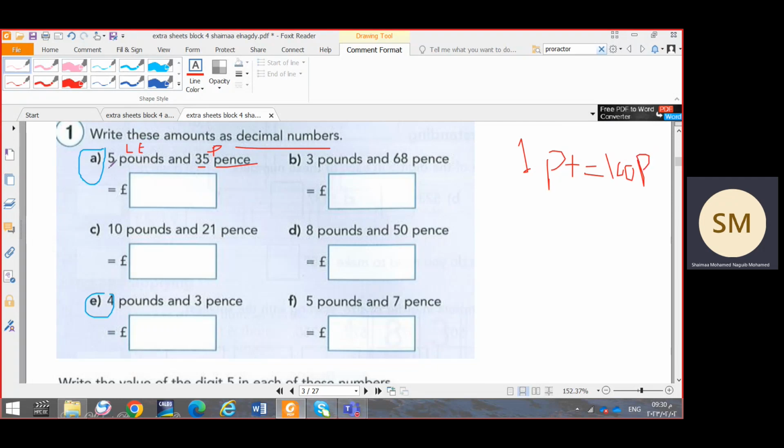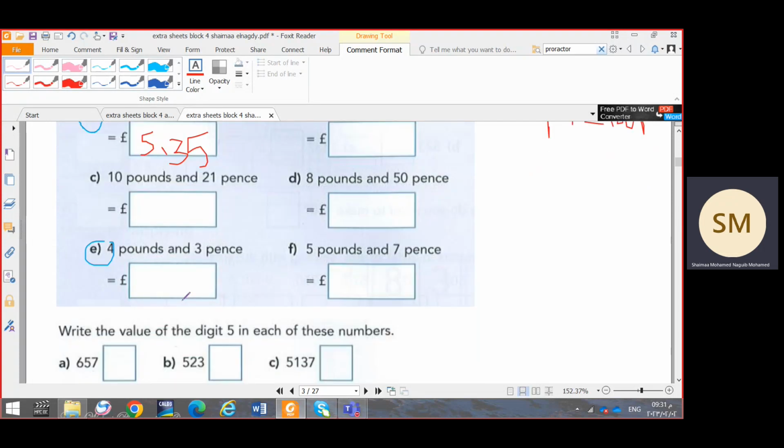So if I go to this one, 5 pounds, will it be a whole number or included in the decimal? Yes, it's a whole number, so I will put 5. This means I will put the point like this. Then 35 pence. So the answer will be 5.35.